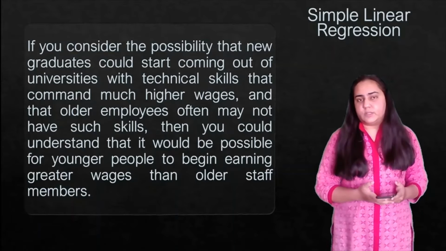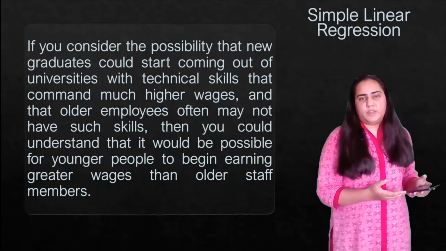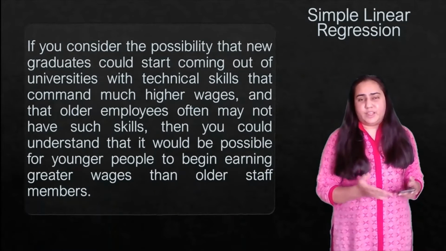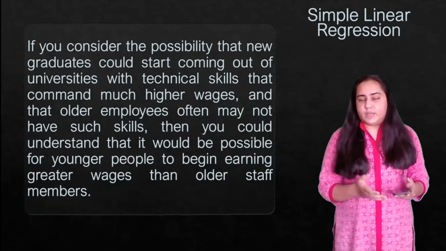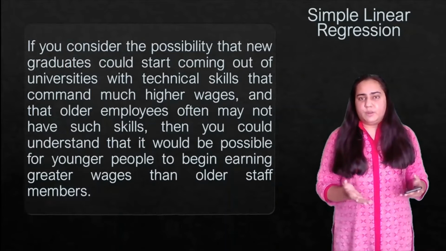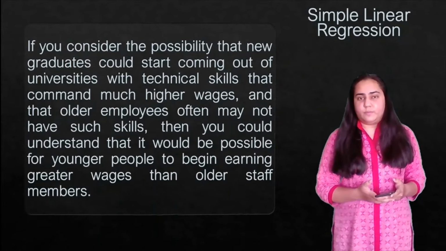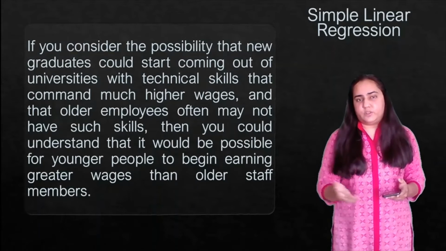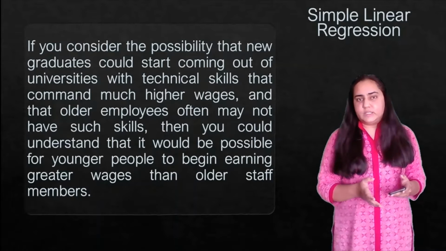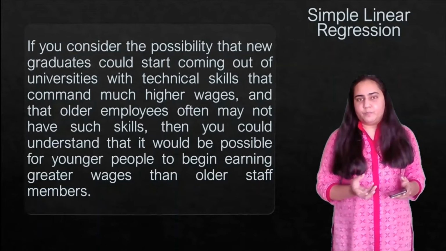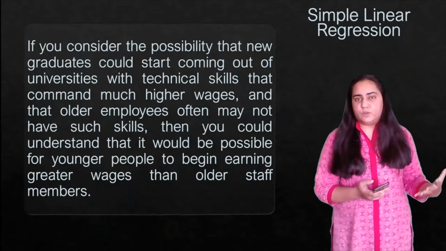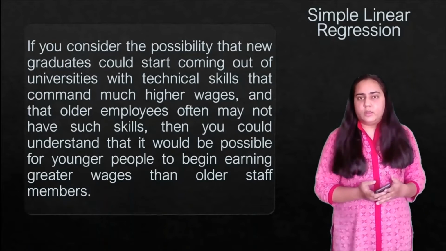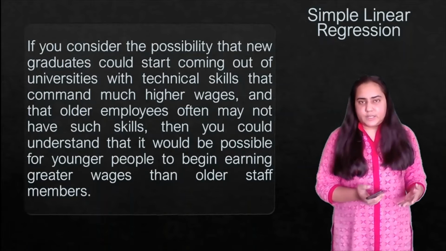So this is a possibility that there is a person coming right out of college who knows a lot of new technologies and skills, and due to that might be offered a job with much higher pay than an older staff member. So you can say that this person is actually earning more, even though this person is not old. So that's why it is not a causation.